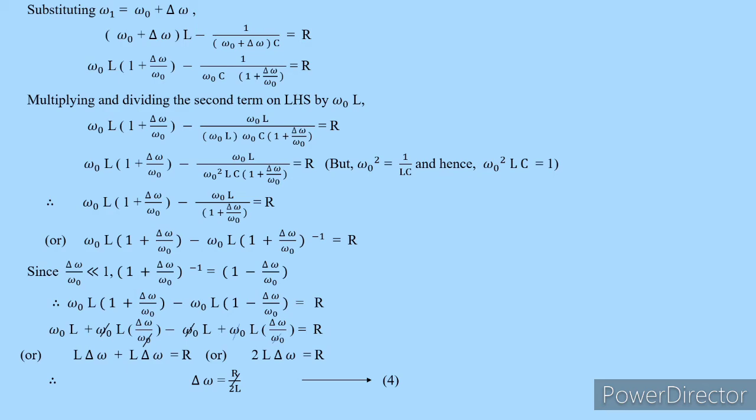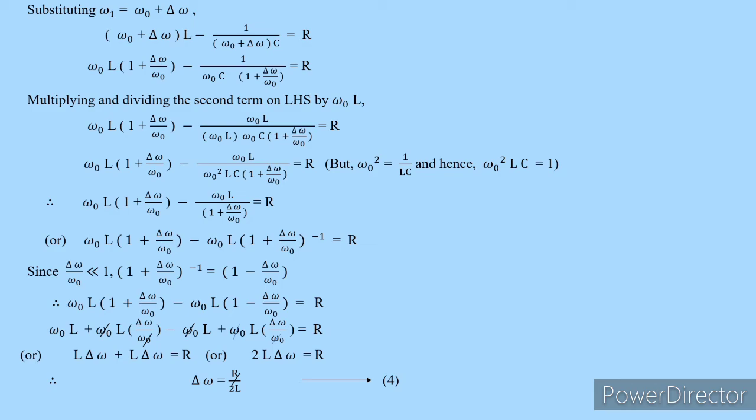But omega naught square is equal to 1 by LC, and hence omega naught square LC must be equal to 1. Therefore, omega naught L into (1 plus delta omega by omega naught) minus omega naught L divided by (1 plus delta omega by omega naught) is equal to R. Or omega naught L into (1 plus delta omega by omega naught) minus omega naught L into (1 plus delta omega by omega naught) whole power minus 1 is equal to R. After this, we are simplifying.